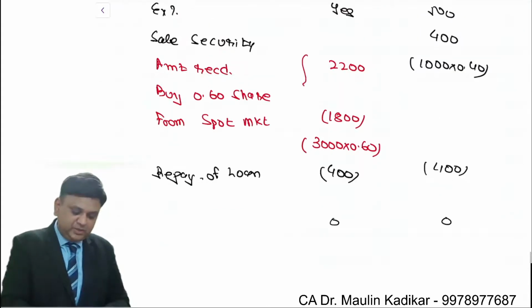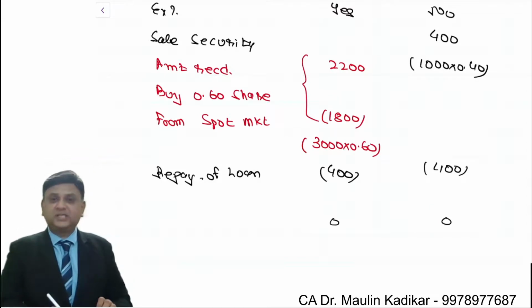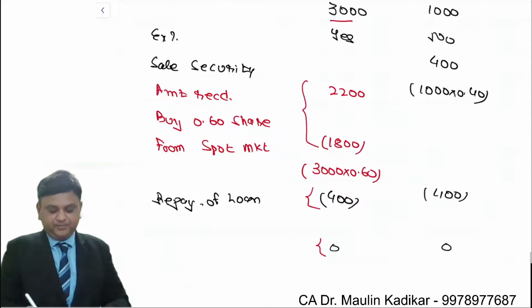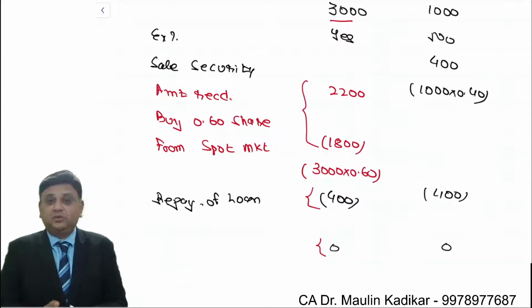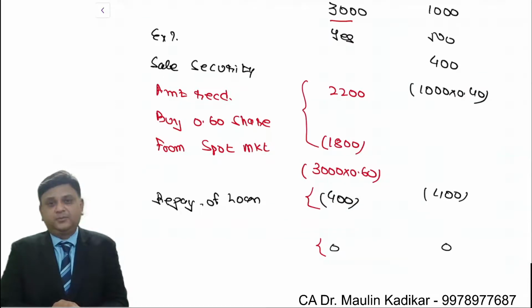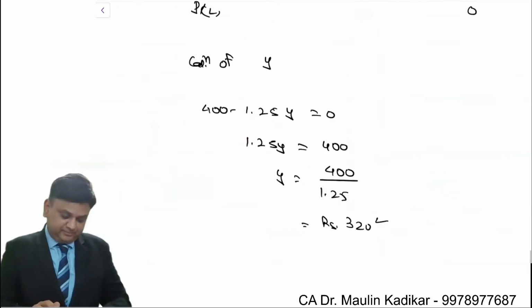So what will happen? 2200 minus 1800 is again 400 minus 400, so 0. That is the way we will have no profit, no loss, even if the price is 3000. This is what we understand.